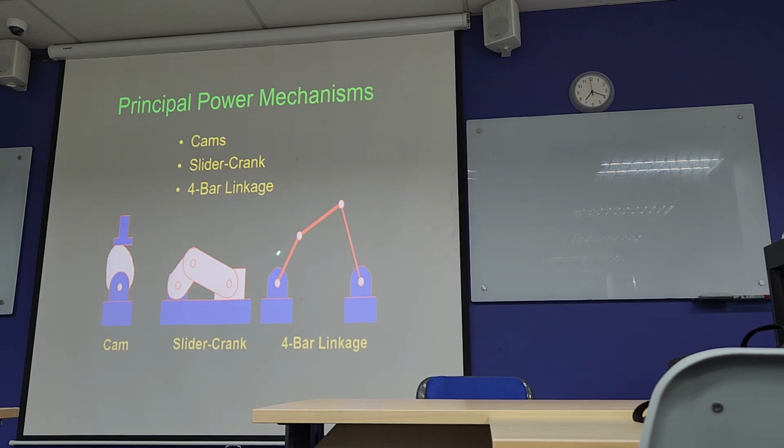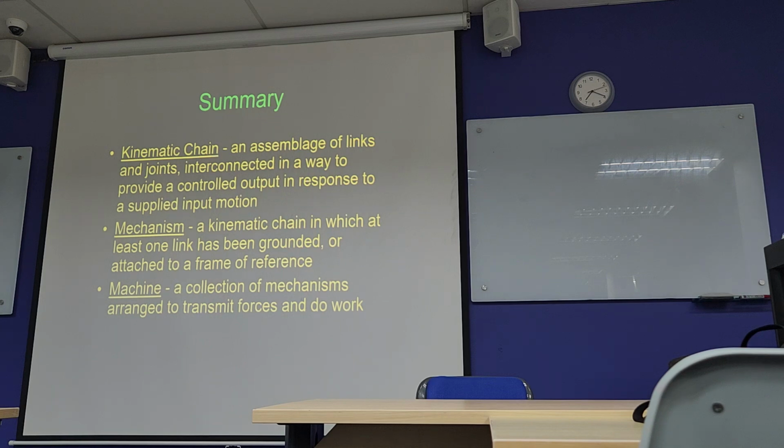Now, most of the time we will focus on this 4-bar linkage mechanism first to understand. Then we can move on to a 5-bar or 6-bar linkage mechanism. Basically a mechanism is a kinematic chain, consisting of a number of links and joints, which can be full or half joints.